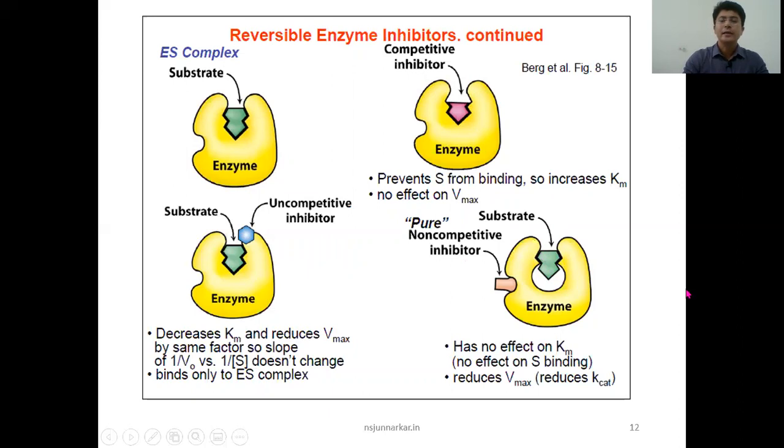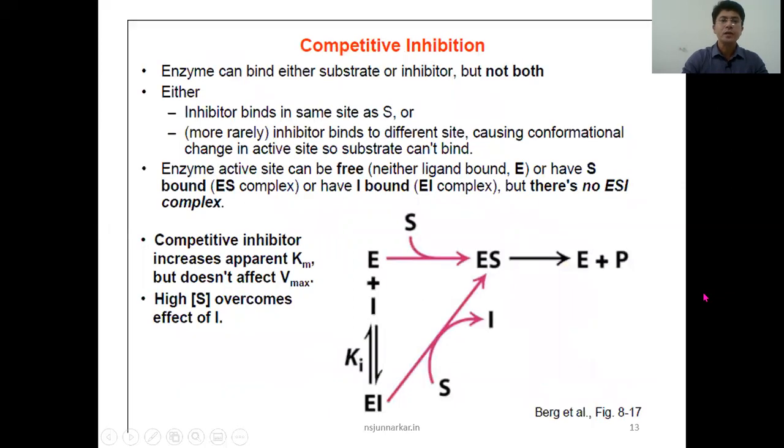So here let us have a look further at competitive inhibition. In competitive inhibition, you can see the inhibitor can bind to the free enzyme and form the EI complex. Now, to the EI complex, the substrate cannot bind, but when the inhibitor dissociates, then the substrate can bind to the enzyme forming the ES complex.